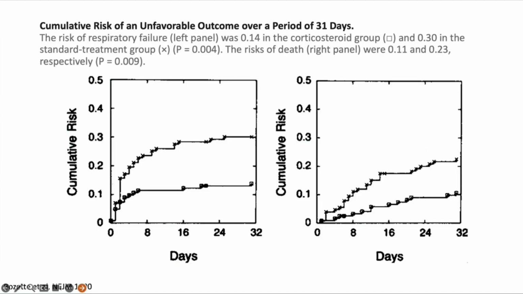This is an old paper, but one that showed the benefit of steroids early on. When you look at this figure, I know these old graphs are not colored, but the lines with the X are the mortality rate for people who were treated with standard treatment. Sorry, this one's death.